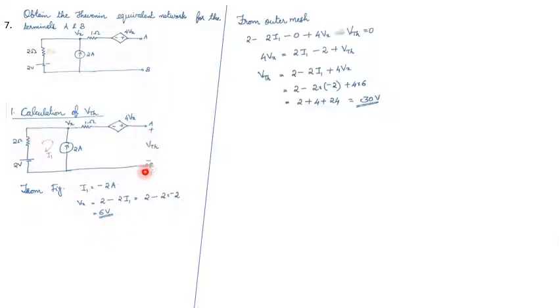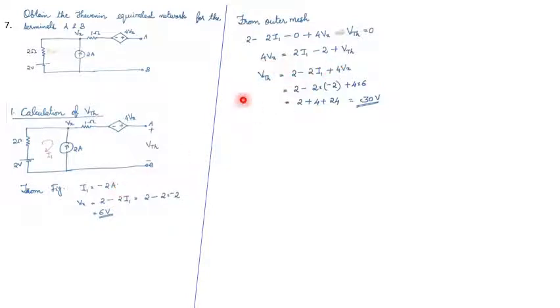Now consider the outer mesh. Apply KVL to the outer mesh. Then we can write 2 minus 2 I1 minus 1 into 0 because this current is 0, plus 4 into Vx minus VTH equal to 0.